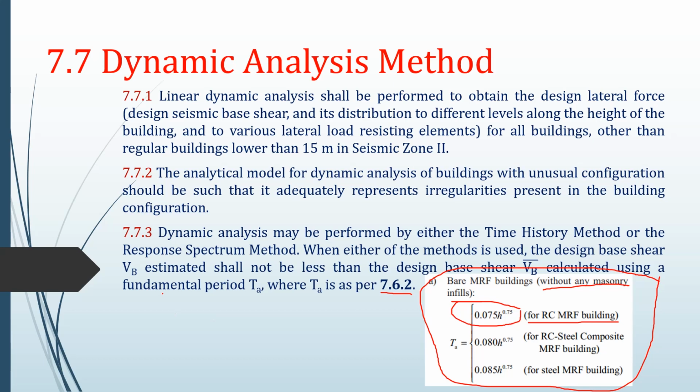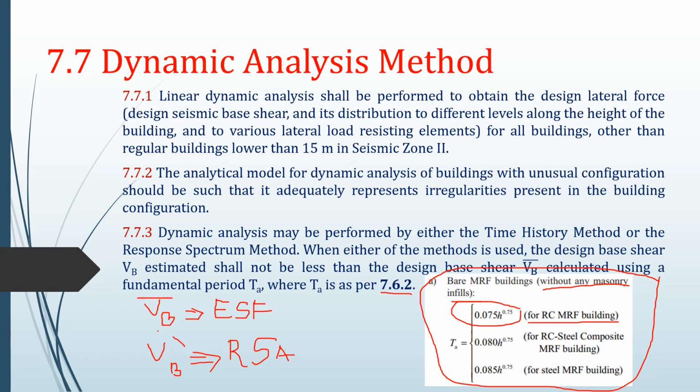So suppose VB bar is the design base shear which we obtained from our equivalent static force method or our linear static procedure, and VB is the design base shear which we got when performing the dynamic analysis. Here let's consider response spectrum analysis, because we are concerned with only the response spectrum method.